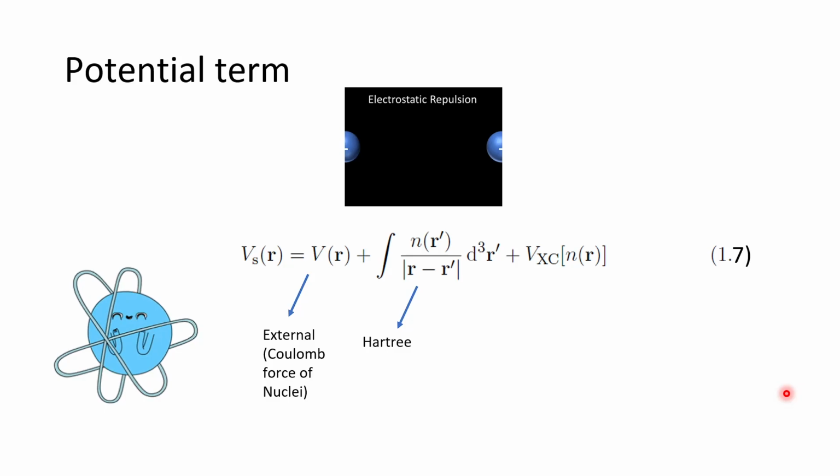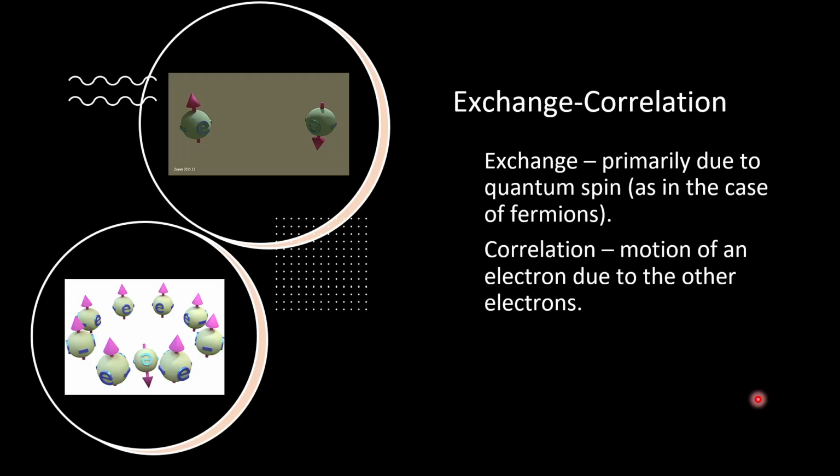The second one will be the Hartree electrostatic repulsions. And of course, the quantum mechanical effects in the form of exchange and correlation. The exchange is just due to the quantum spin, so we have to restrict that the spin must be conserved. Correlation, because an electron should be affected by the motion of the other electrons.